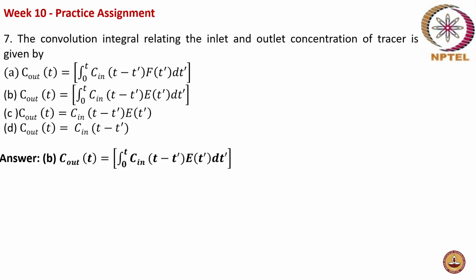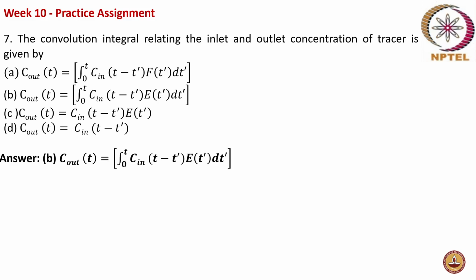So, the outlet concentration of this tracer, C outlet, is given by integral over 0 to t C in (t minus t prime) into E of t prime dt prime. Okay, see, all the tracer entering t prime before time t and then residing for time t prime will be in the outlet at time t.